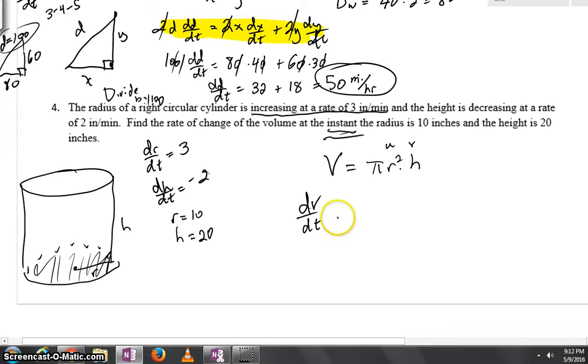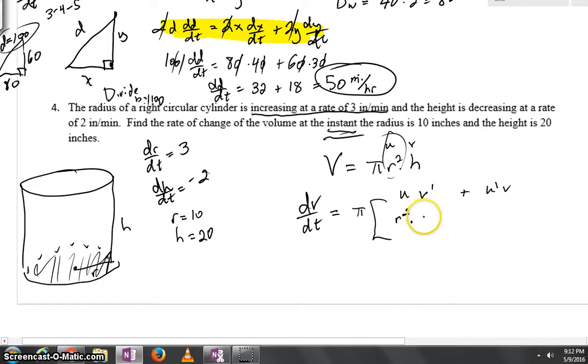Take the derivative on the left. We get dV/dt. Here we have pi, but with that product rule. The product rule is u v prime plus u prime v. I hope we're getting to a point where we don't even need to write that out. The u right here is just r squared.